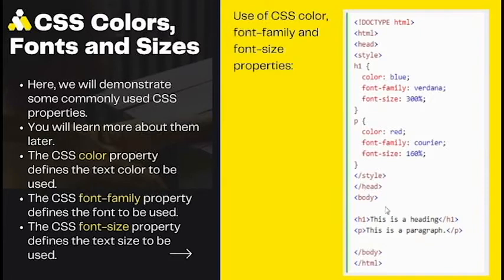As you can see in the example, it uses internal CSS with a style tag. It calls the H1, and for H1 the color is blue, the font family is Verdana, and the font size is 300%. Then we have the P. That is an example of applying CSS colors, fonts, and sizes.